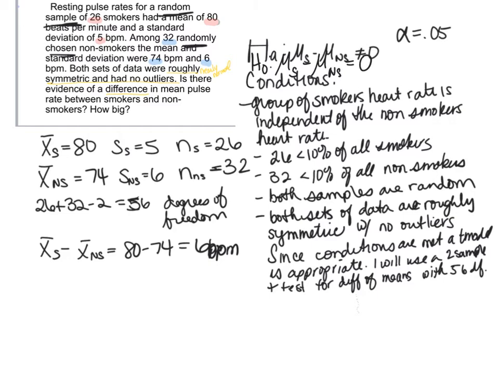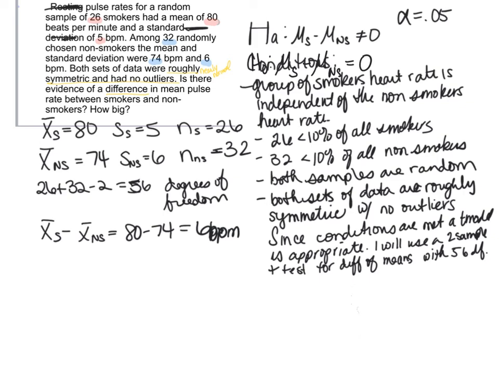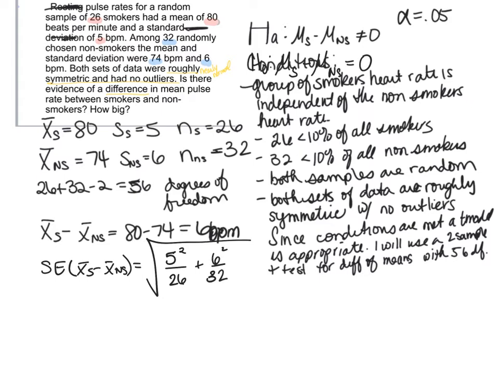So our standard error of X bar S minus X bar NS was the square root of 5 squared over 26 plus 6 squared over 32. I'm going to do that in the calculator. Okay, so we got 1.44.